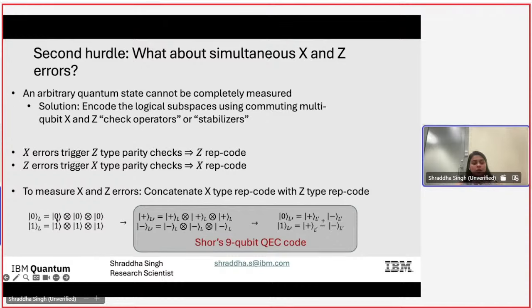You detect your X errors by measuring ZZ on the inner encoding, and on the outer encoding, you measure the X-type stabilizers to track the Z errors. And this was basically the first error-correcting code discovered by Shor in 1995.